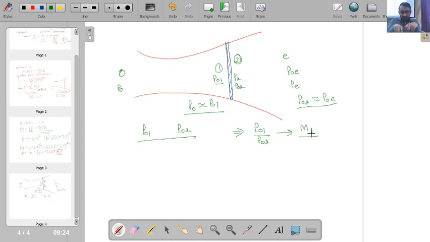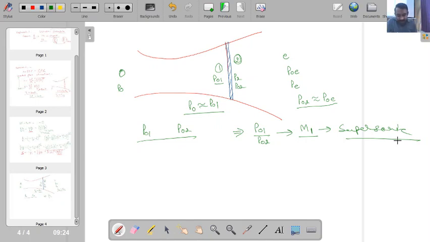By using the normal shock relations, if I know stagnation pressures on upstream and downstream of the shock wave, I can calculate the value of Mach number at point M1. Okay. Now I know at M1 my flow has to be supersonic. Okay. Then only I will be having a normal shock wave. So flow has to be supersonic.